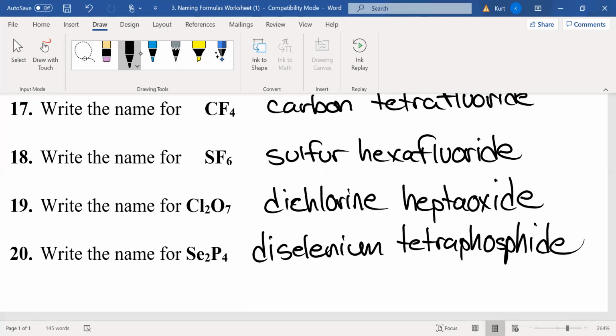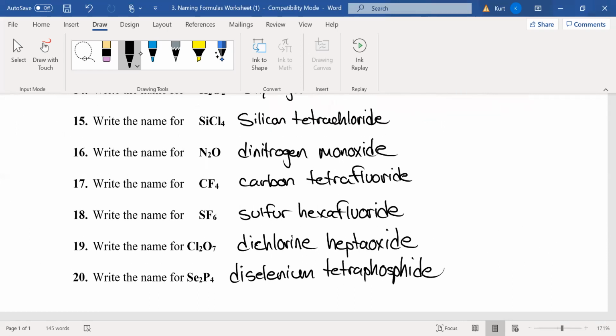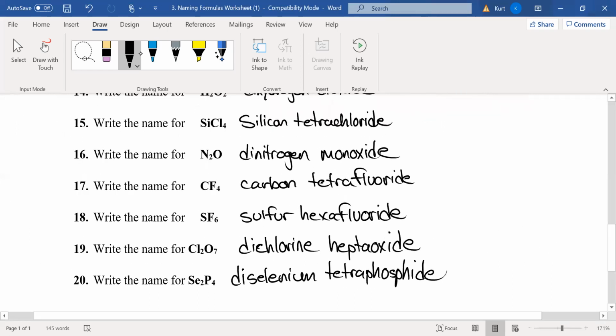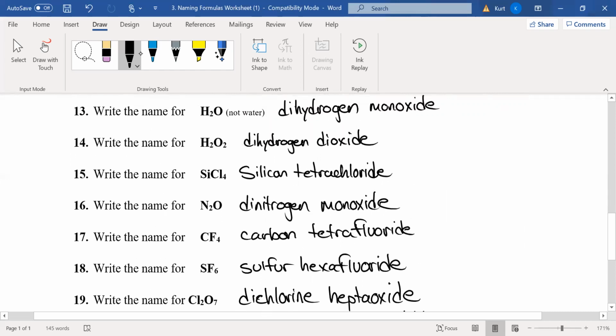So with the ionic compounds, it mattered which came first, like which element came first, because it was like the positive and negative. But does that matter at all for covalent? It's going to matter less, but typically, more often than not, you have the one that's fewer in quantity come first. Yes? Number 19, could you put heptoxide instead of heptaoxide? Yeah, I'm not going to mark you off for that.